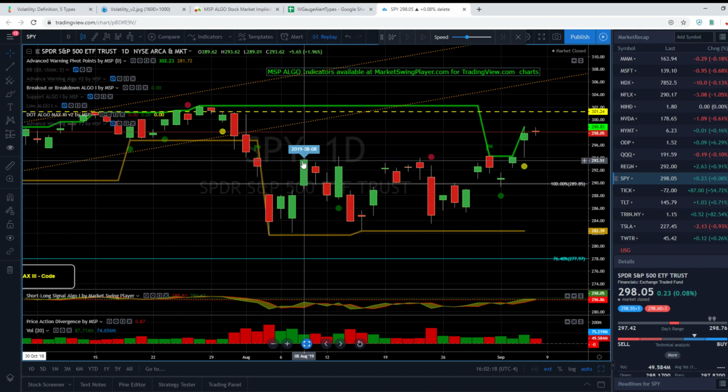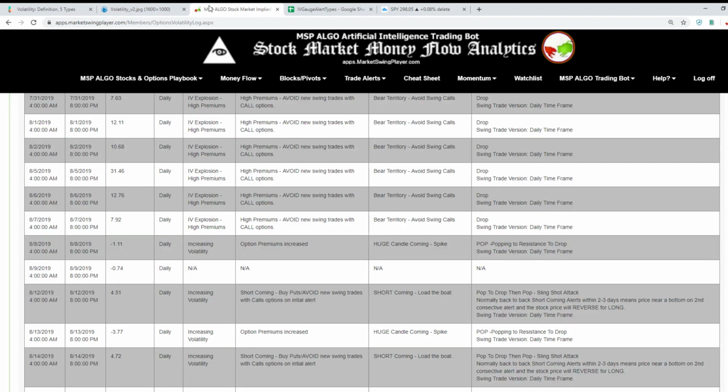It's saying that on the 8th, it's popping to resistance to drop. So let's read that again so we can understand what it's saying. It says popping to resistance to drop. That means that's what price should be doing now.